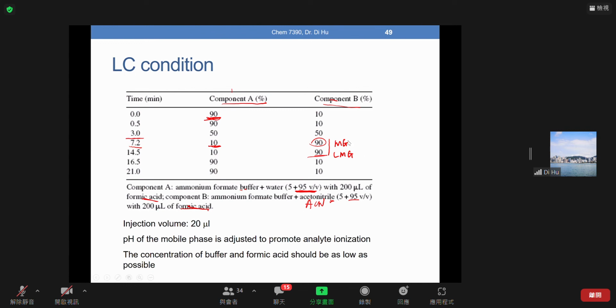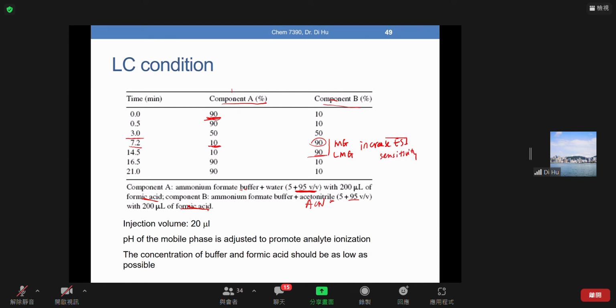Of course ACN, right? ACN evaporates more easily. So if you have a higher fraction of organic phase in the mobile phase when your sample comes out, that will help to increase what? Increase the ESI sensitivity, okay?